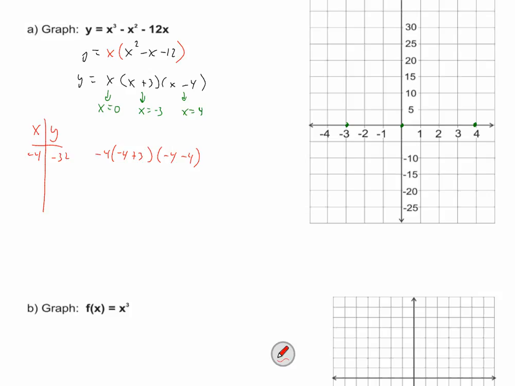Or you could simply punch it in your calculator: parentheses, -4, parentheses, quantity cubed, minus, parentheses, -4, quantity squared, minus 12, parentheses, -4, and your calculator will say -32. All right. I know this point is at -32, which is about right there, right? Am I coming up from -infinity like I expected? Yes. Cool.